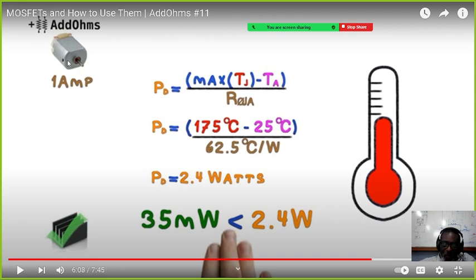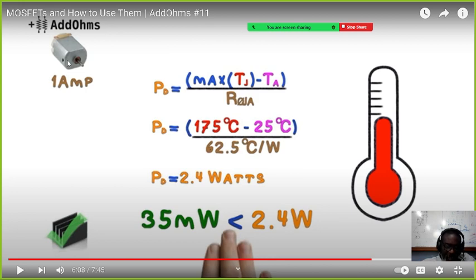So 10 times 10 is 100, and 100 times 0.035. Multiply that: move the decimal around, move it backwards, and you get about 35. You get about 35 watts.